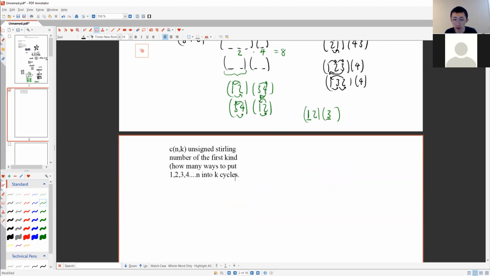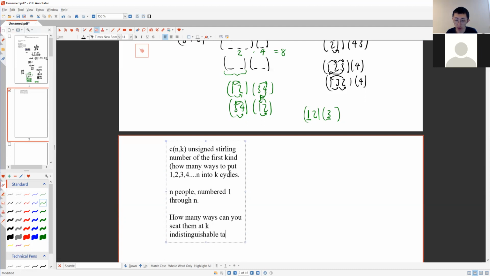So another way you can think about this is, let's say you have n people, numbered 1 through n. How many ways can you seat them at k indistinguishable circular tables so that no table is empty?